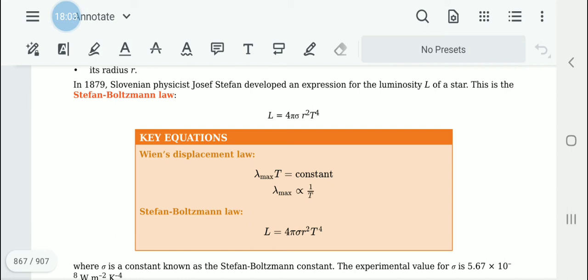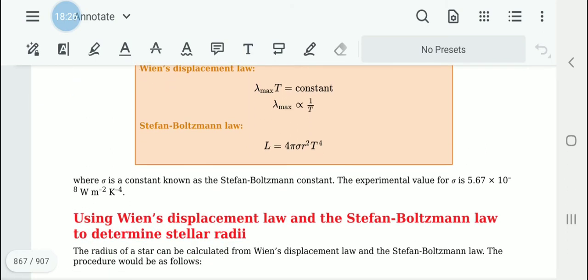So the two key equations that we need to learn here are lambda max T equals a constant, and so as a result lambda max is inversely proportional to T, that is lambda max is directly proportional to 1 upon T. Then Stefan Boltzmann law is L equals 4 pi sigma r squared T to the power 4.